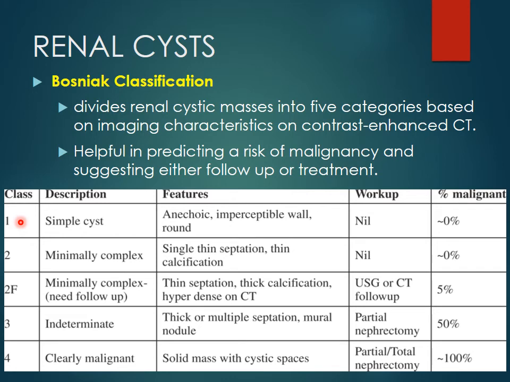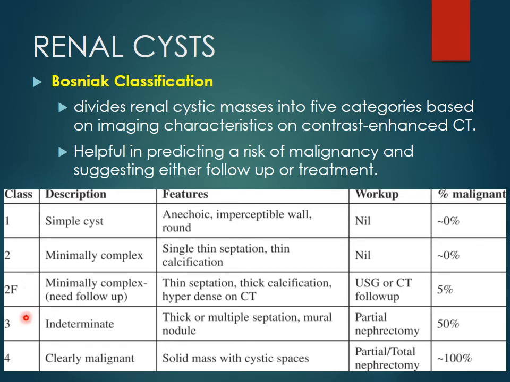Class 1, or the simple cyst, would have a round, thin, imperceptible wall with anechoic or hypodense internal echoes. Class 2 would be the minimally complex, and its features would include a single thin septation and thin calcification. Class 2F would be the minimally complex that would need follow-up, and its difference with Class 2 is that there are thick calcifications present.